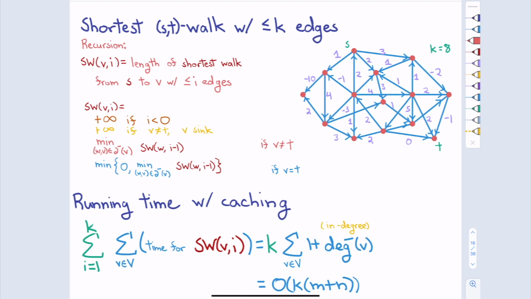And consequently, if you just save your answers, you apply dynamic programming, you cache your answers, this becomes a very fast algorithm. We have a set of subproblems for every layer i from 1 through k, and for each layer we needed m plus n time because we're working our way through a DAG.